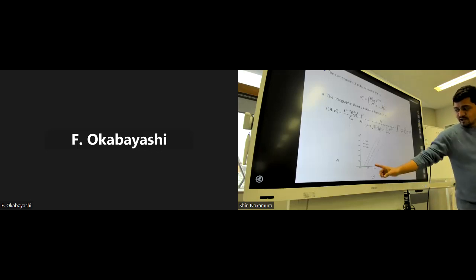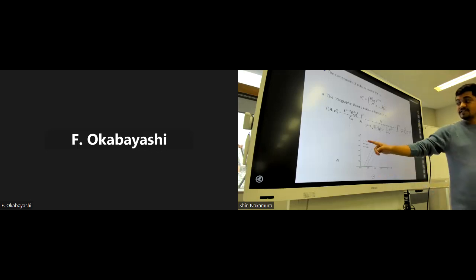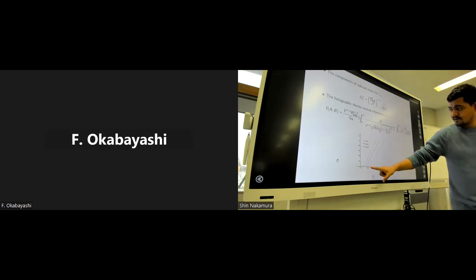Now that critical value of L is affected by this B, because you can see the critical value for B equals 0 is this one. If you go beyond this point, you have zero mutual information. No correlation you can have between these two regions.